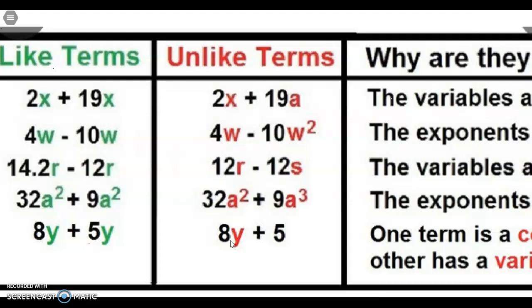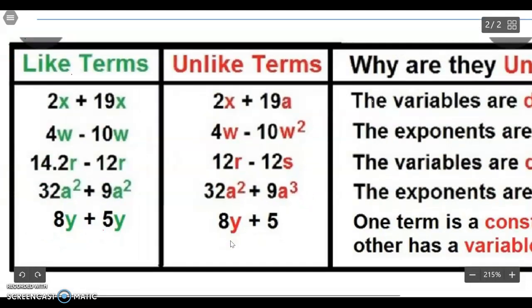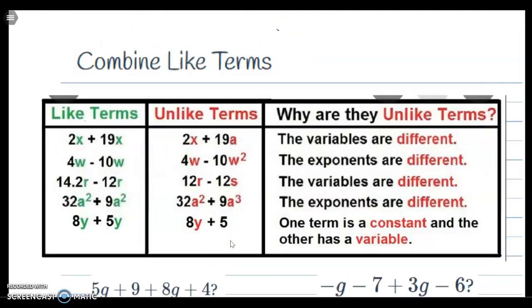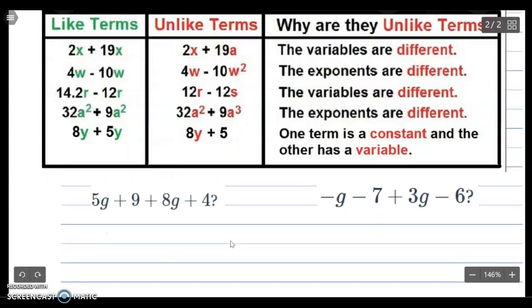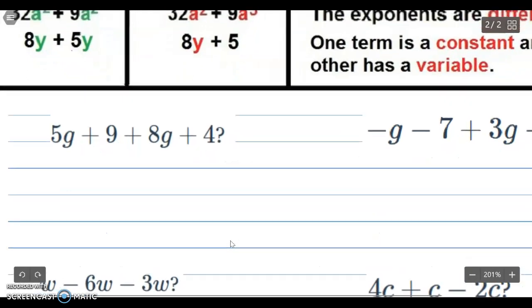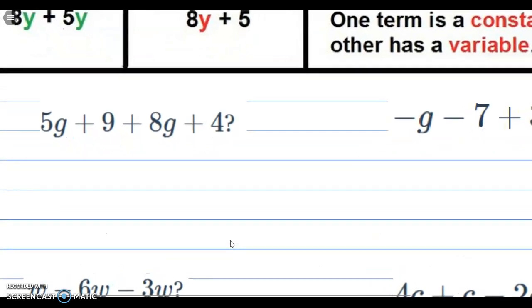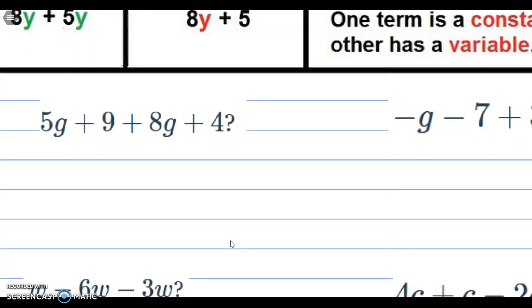Okay, so today's lesson is to add these like terms. So that's what we're going to do. I'm going to take a look at this first problem right here. What I'm going to do is identify the like terms, either by underlining, circling, or putting them in a square.